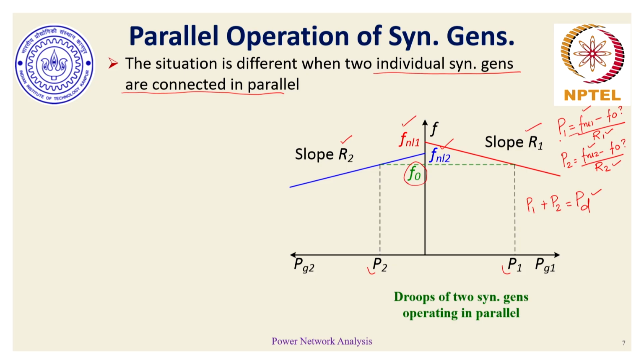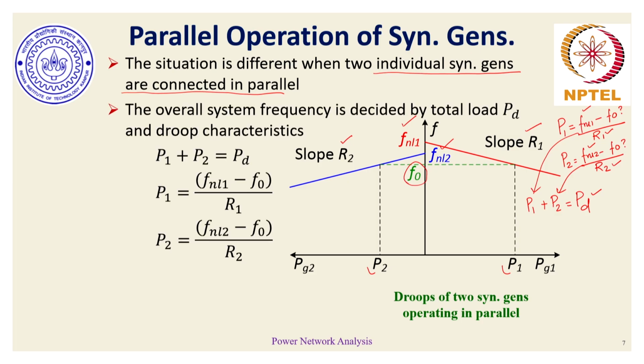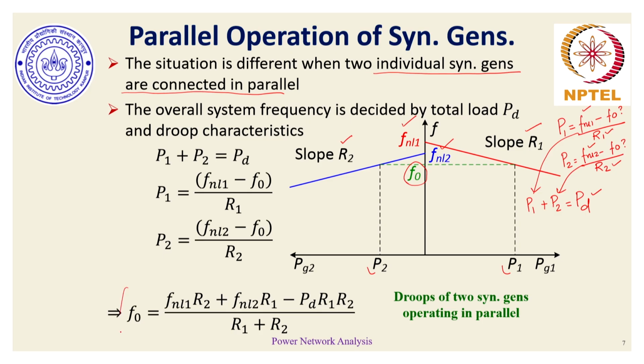So if we substitute these expressions here, we will have one equation with one unknown, which is F naught. By rearranging the terms, we can then find the expression of F naught in terms of all known quantities. So far things are pretty straightforward, and given a particular load which two generators in isolation are trying to deliver while operating in parallel, this would be the common frequency at which they are operating.